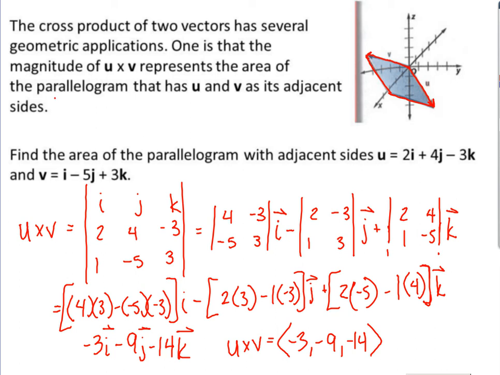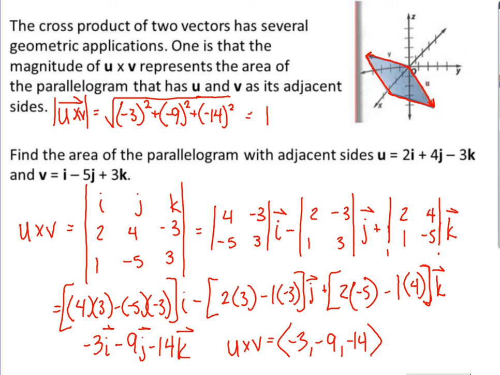Remember, when we find the magnitude of a vector, it's just the square root of the first term squared plus the second term squared plus the third term squared. And if we find this magnitude, it's going to be approximately 16.9. So the area of this parallelogram is going to be about 16.9 units squared.